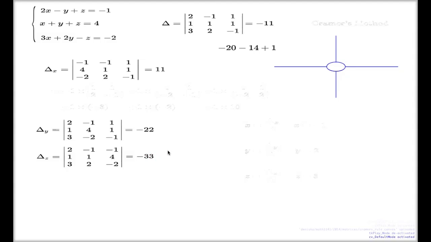And so my last unknown, z, will be the quotient of negative 33 by negative 11. So here it is. My x is this quotient, my y is this quotient, and my z is this quotient, which are negative 1, 2, and 3. We can double check, of course.